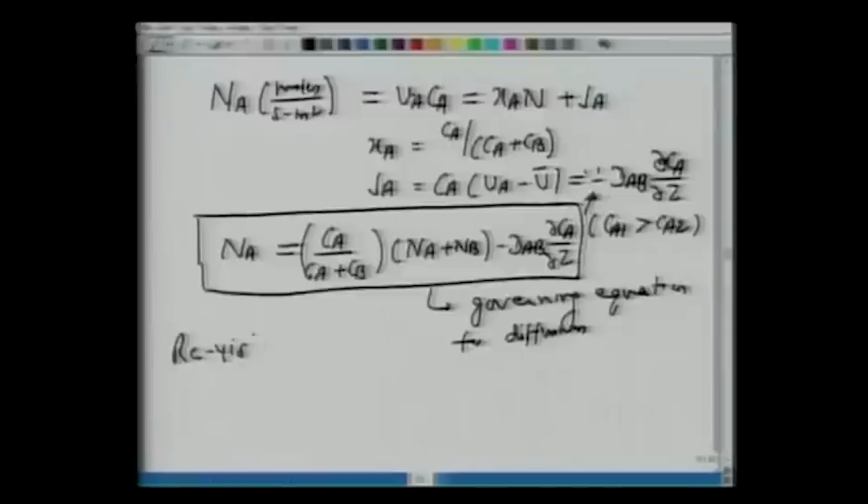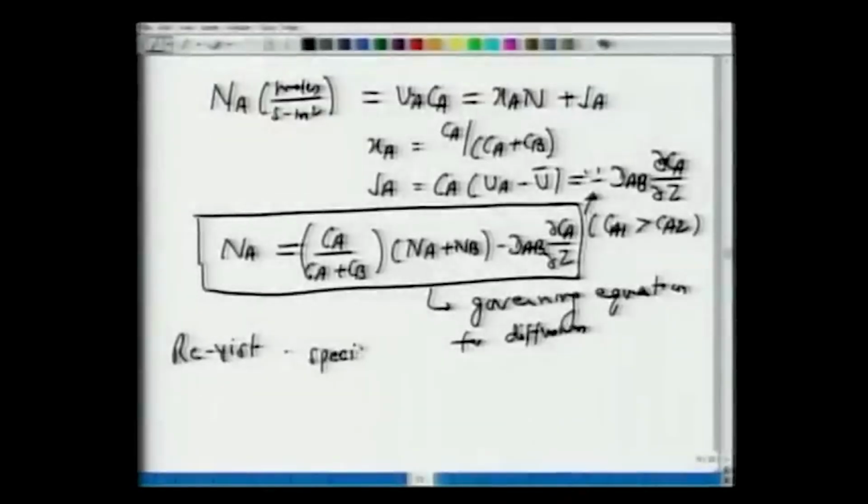We would also like to revisit continuity or species balance, which you may have done in earlier lectures, earlier classes, or in some other course.